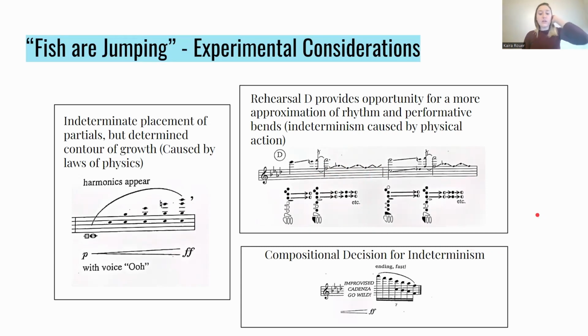Okay, and then his final compositional decision for indeterminism, this would be an example of a composer deciding prior to the publishing that this is a spot of improvisation, of full contingency.